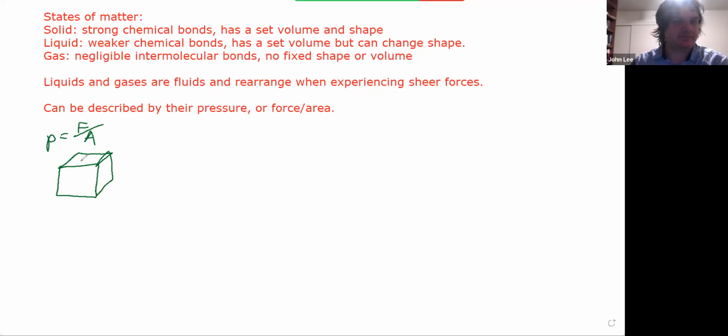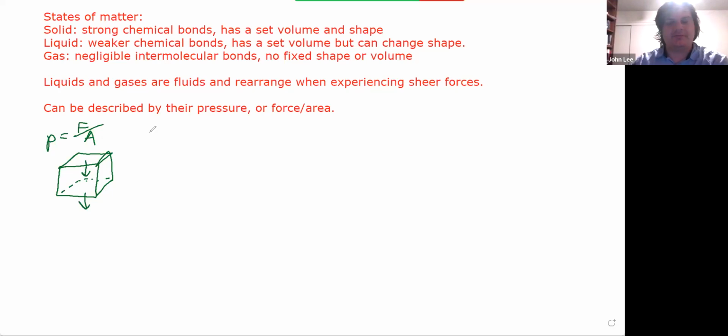So pressure equals force over area. The amount of force on this block is going to be the weight pressing down from the top of the block and then from the bottom of the block.